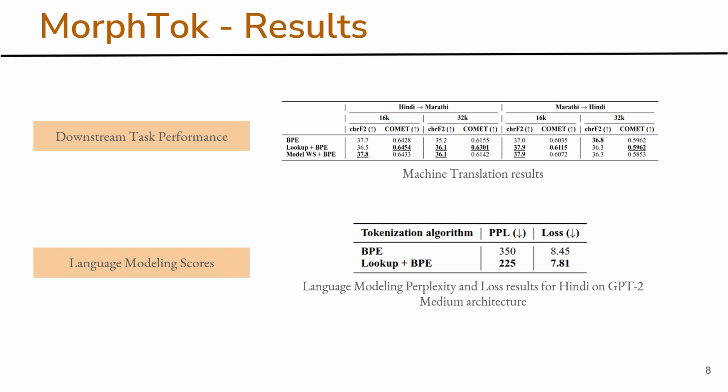In machine translation tasks, we observe consistent improvement compared to BPE in terms of COMET scores in both 16K and 32K vocabulary sizes, for both Hindi to Marathi and Marathi to Hindi translation directions. In language modeling tasks, we observe lookup plus BPE performs better than BPE with lower perplexity and lower loss scores, showing that the pre-tokenization stage helps in better language modeling.